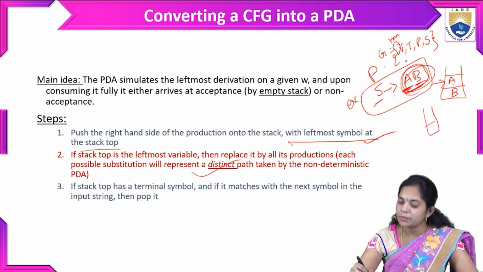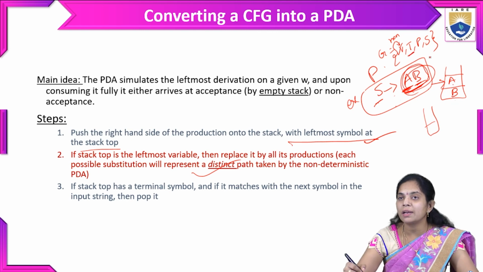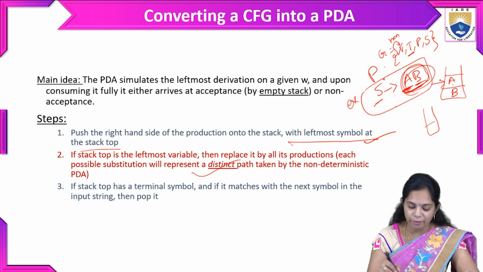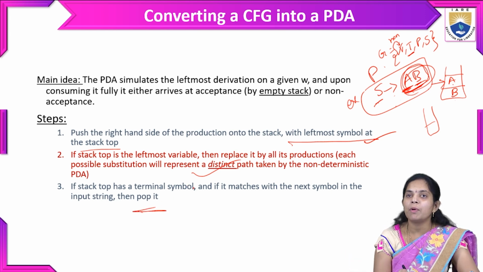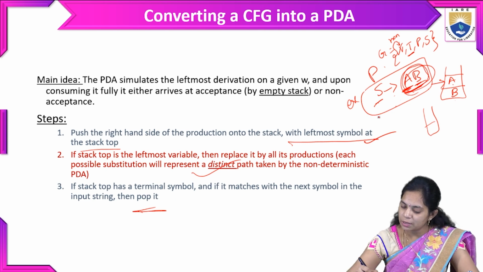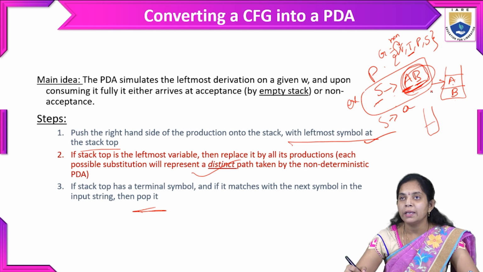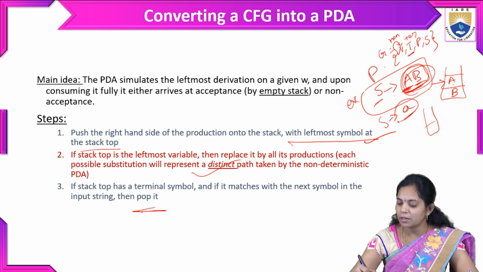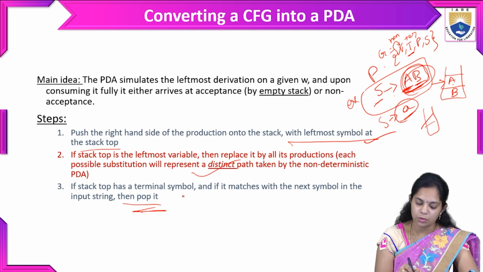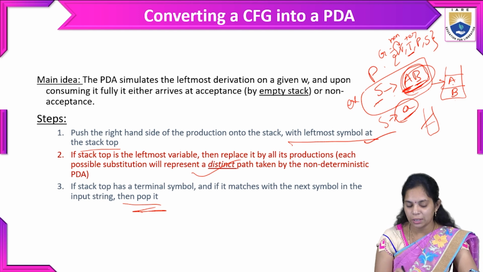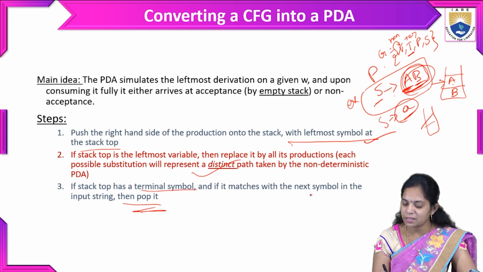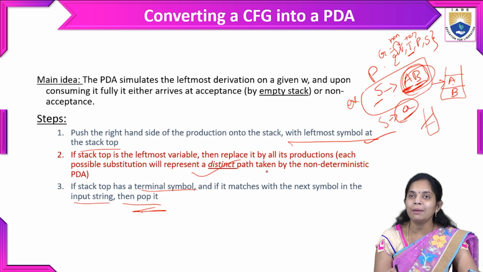So the non-terminals we have to place like these, and whenever the terminal symbols are there in the production rules, we have to do the pop operation. So suppose the production rule has a as a terminal. This small a represents the terminal symbol. So whenever this kind of production rule appears, we have to pop that terminal. Whenever the terminal symbol appears, if it matches the next symbol in the input string, then pop it.